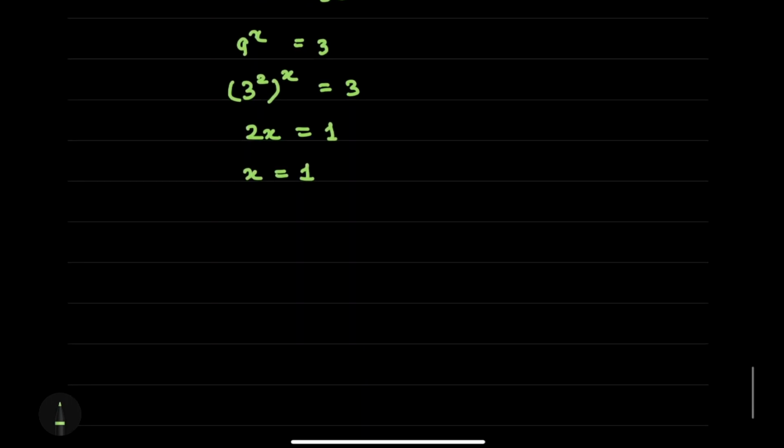And as we need to find the value of 8x whole to the power x, now as we know the value of x as 1 by 2, we have 8 into 1 by 2, whole to the power 1 by 2.